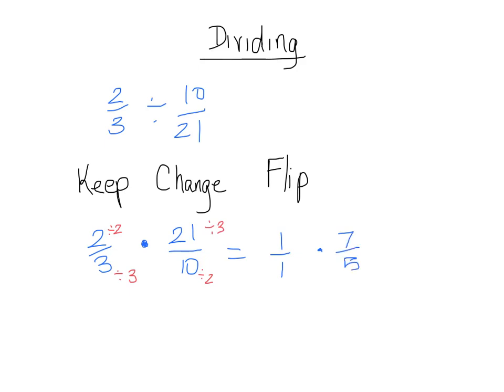We didn't actually even have to write that 1 over 1, because 1 times 7 is 7 and 1 times 5 is 5. So here we have our answer when we've finished dividing.